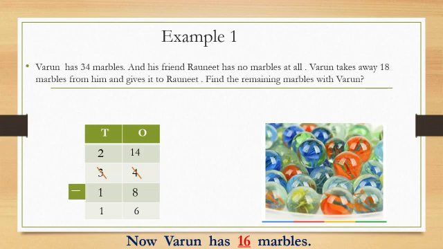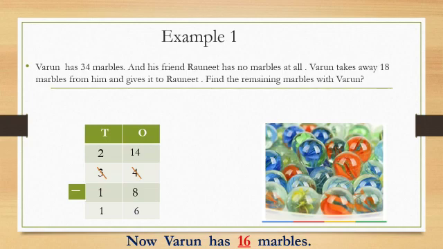First, compare 8 and 4 in ones column. Here, 4 is less than 8. So, we cannot take away 8 from 4. Borrow is done. Borrow 1 tens from tens column. 3 will become 2 tens and 4 will become 14.